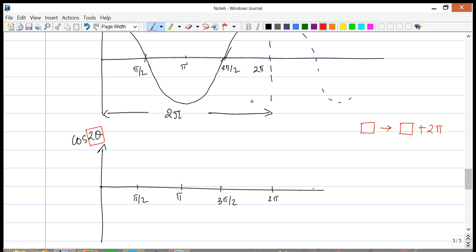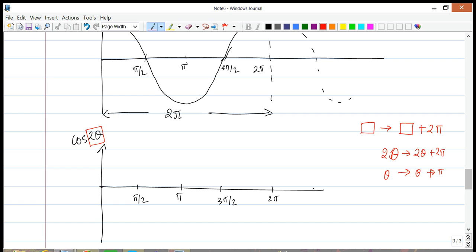Alright, so which means that if 2 theta gets changed to 2 theta plus 2 pi, or if theta changes from theta to theta plus pi, then we know that the function will repeat itself.